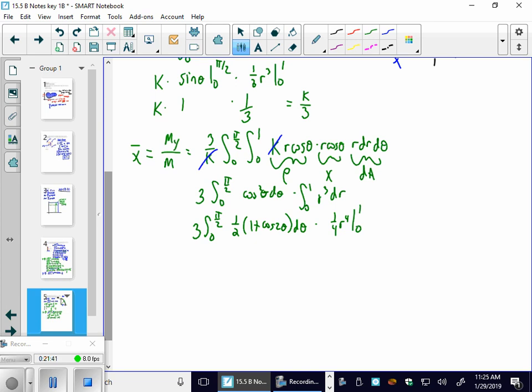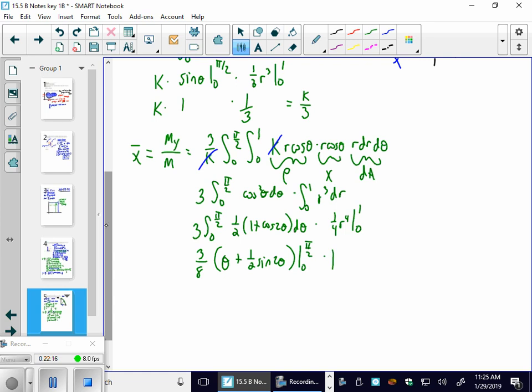So let's see, I've got a bunch of constants here I can pull all the way out to the front. I've got a 3, a 1/2, and a 1/4. Multiplying all that together gives me a 3/8. The antiderivative of 1 plus cosine 2 theta is going to be theta plus 1/2 sine 2 theta, evaluated from 0 to pi halves. I've already pulled the 1/4 out, so plugging in 1 and plugging in 0 just gives me times 1.